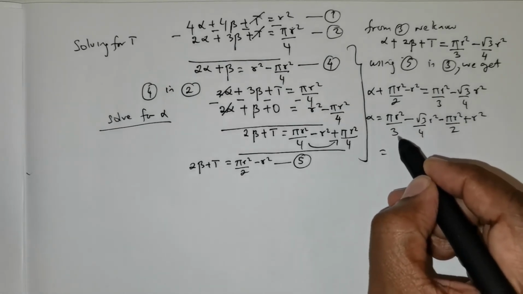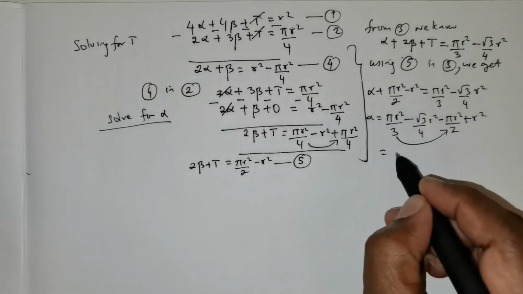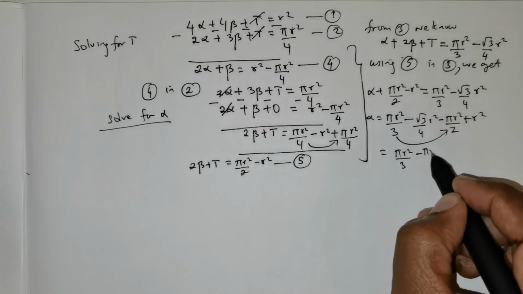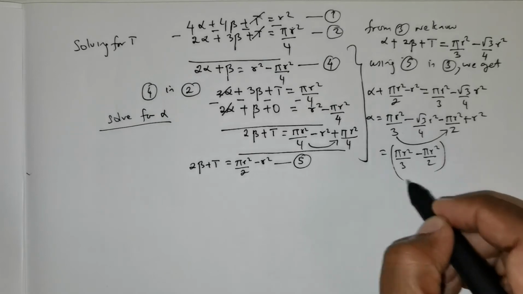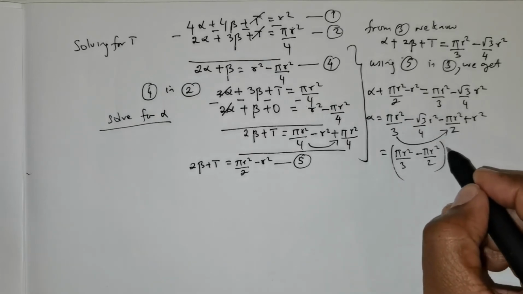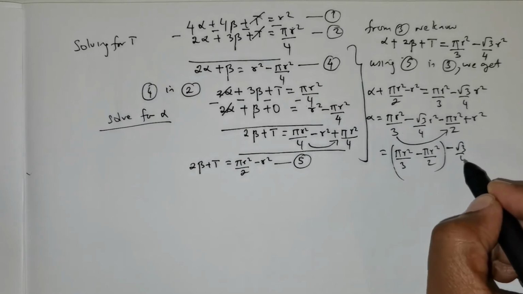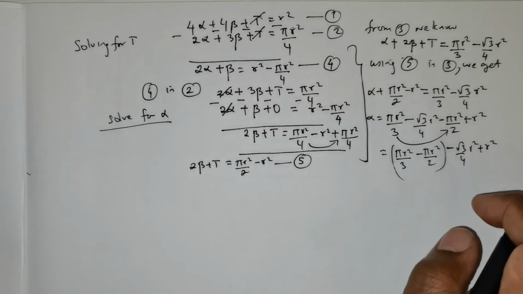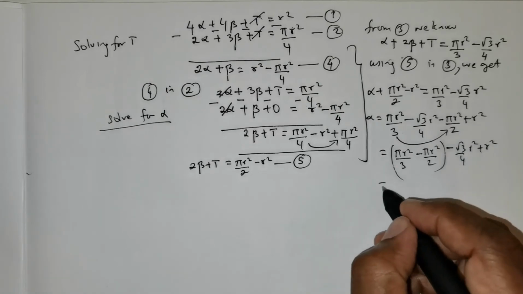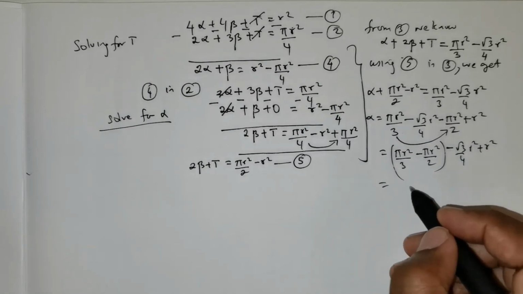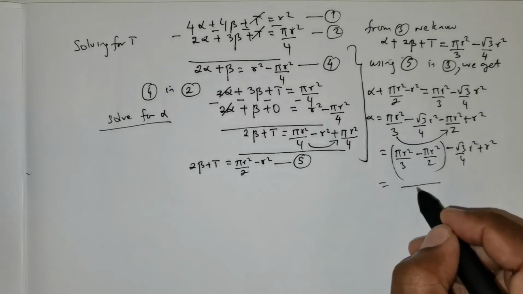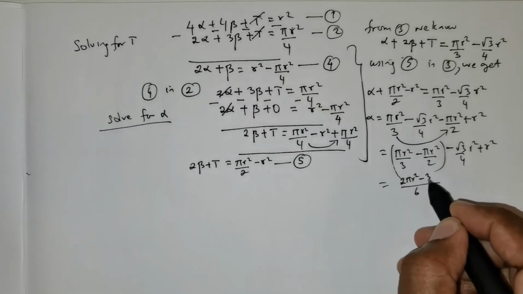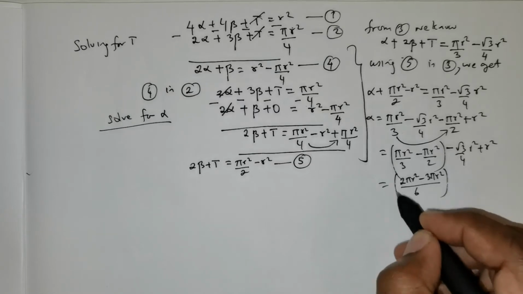Now I'm going to be clubbing pi r squared over 3 with pi r squared over 2. So pi r squared over 3 added with pi r squared over 2. And then we have minus root 3 over 4 r squared plus r squared. Foremost I will simplify this. The LCM is 6, so this would give me 2 pi r squared minus 3 pi r squared.